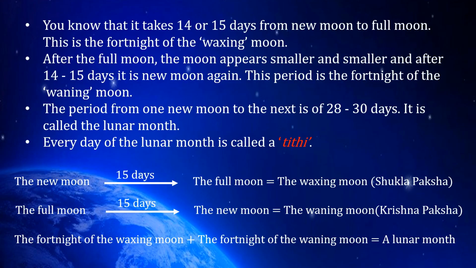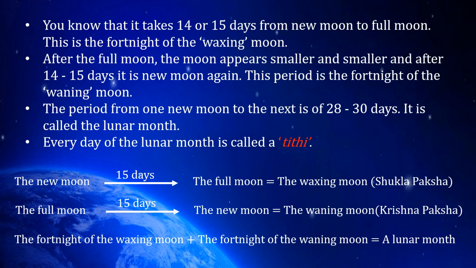So children, again I repeat that it takes 14 or 15 days from new moon to full moon. This is the fortnight of the waxing moon. After the full moon, the moon appears smaller and smaller, and after 14 to 15 days it is new moon again.